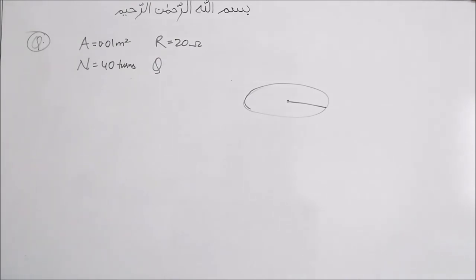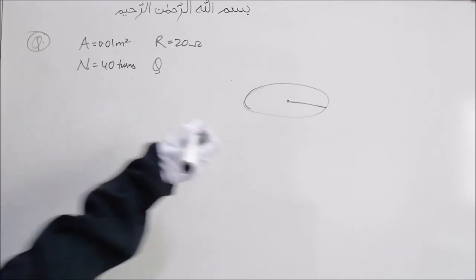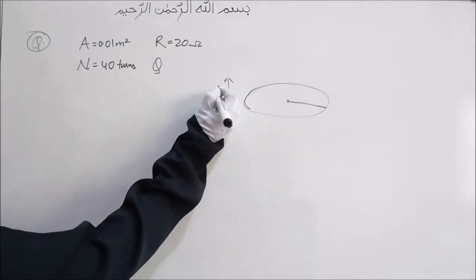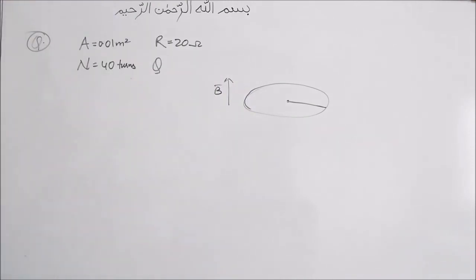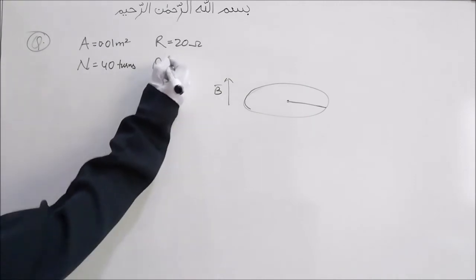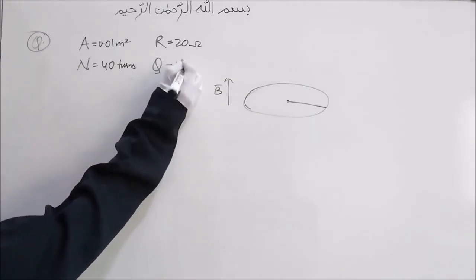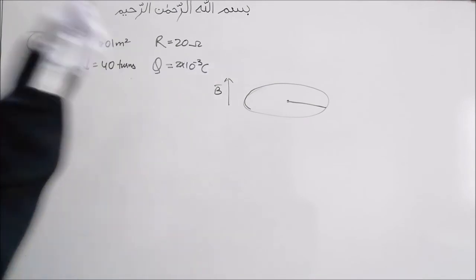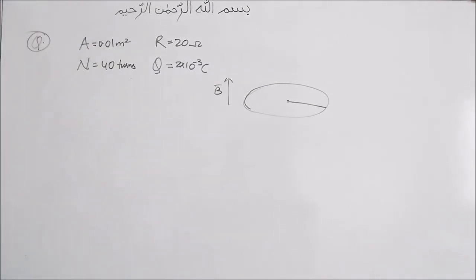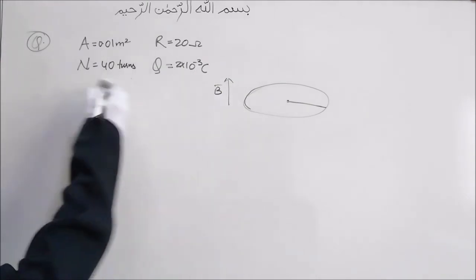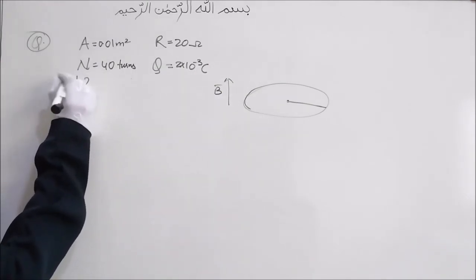It is initially kept in a uniform magnetic field B in such a way that the field is normal to the plane of the loop. We can consider the field to be like this. Then it is pulled out of the magnetic field and a total charge Q, which is 2 times 10 raised to minus 3 coulombs, will flow through the coil. We have to find the magnitude of this magnetic field B, just the magnitude.